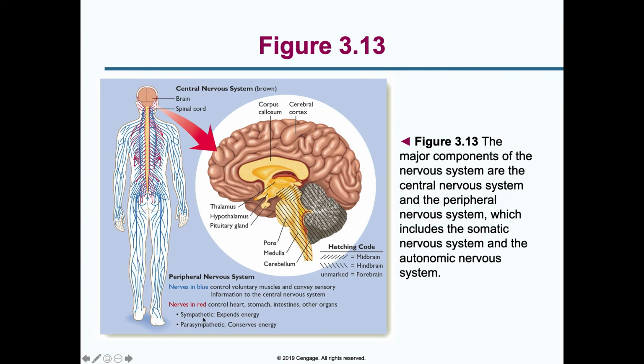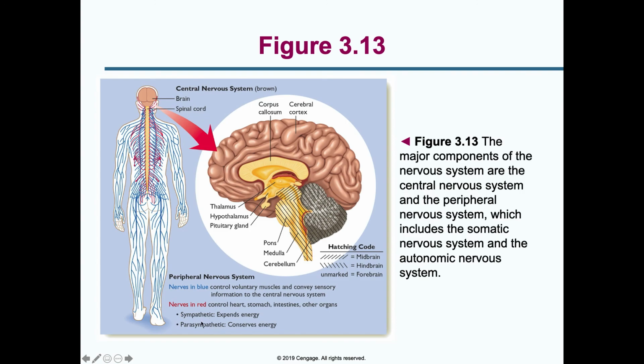And then we have these 2 words, sympathetic and parasympathetic, which are 2 parts of the peripheral nervous system. The way to think about this is the sympathetic part gives off energy, or expends it. And think of it as someone giving sympathy.